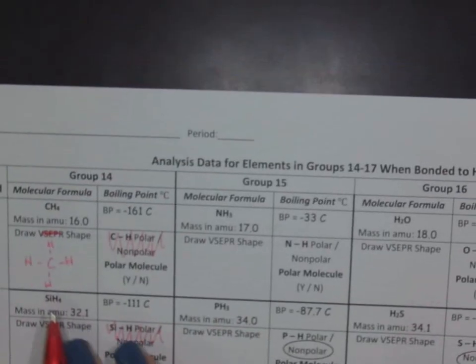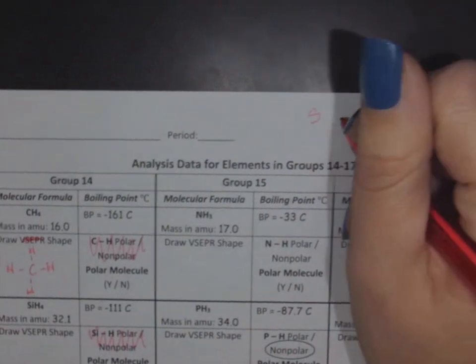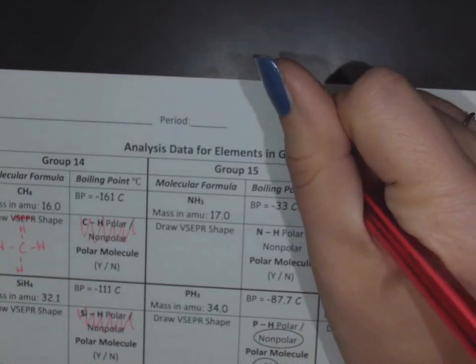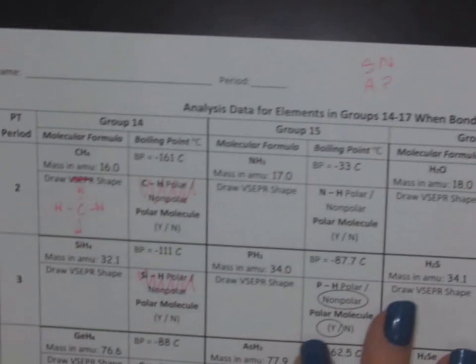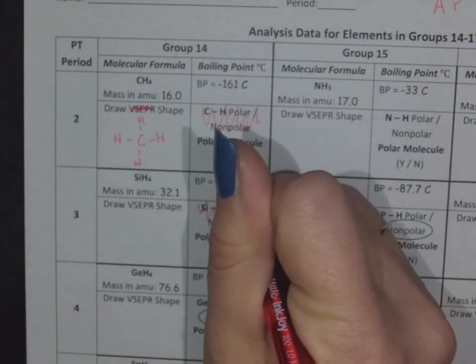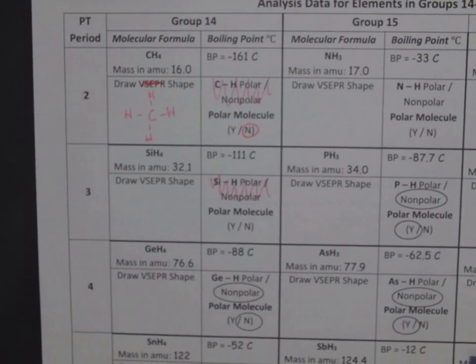So reminder, when we call it symmetrical, when all the domains are the same, then it's a nonpolar molecule. But if we have asymmetry, then that would be a polar molecule. So this molecule is nonpolar because it's symmetrical. All the domains are the same.